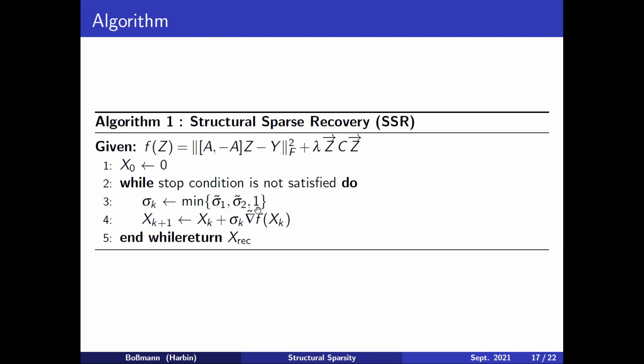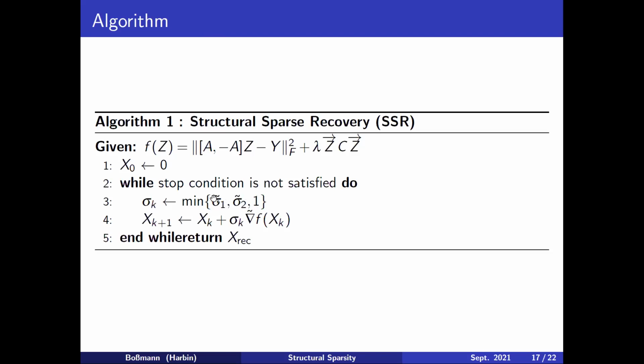This is just set by us because it proved quite nice in the numerical experiments not to take a step size greater than 1. And then there are 2 other step sizes. The first one is the optimal one from the convex optimization. And the second one is the maximum step size such that we are still on the positive orthant.